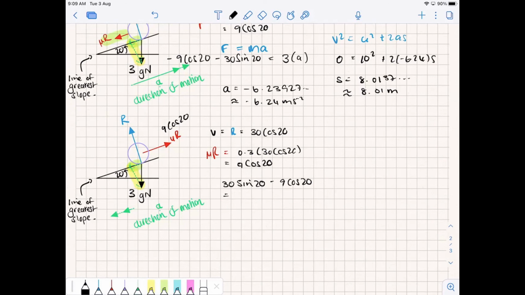So I can prove, what have I done? I've got 1.8033 something, something, something. In other words, there's a positive force, meaning that the net force is going in that direction.